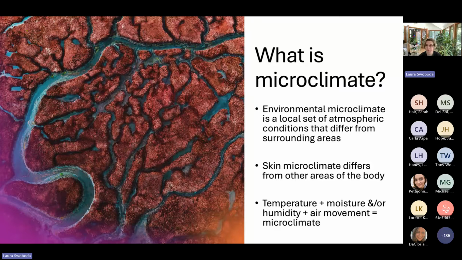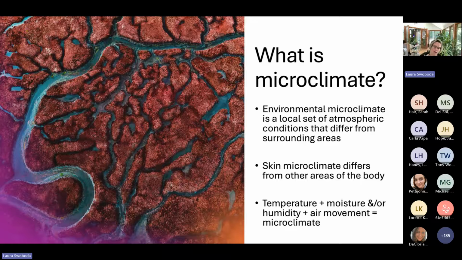And just like our environmental microclimate, the skin has microclimates. And I like to think of this in terms of, maybe you've seen the now old movie Armageddon, where Ben Affleck has this little animal cracker cookie, and he's playing with it on Liv Tyler, and he's talking about the curves of her body or whatever, what have you. So I think about that as the skin microclimate in comparison to the environmental microclimate, right?